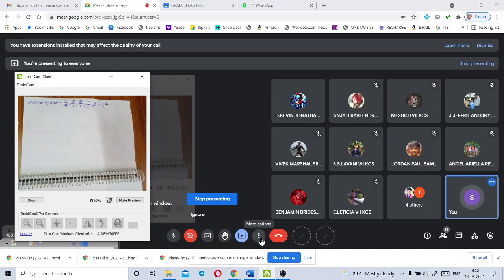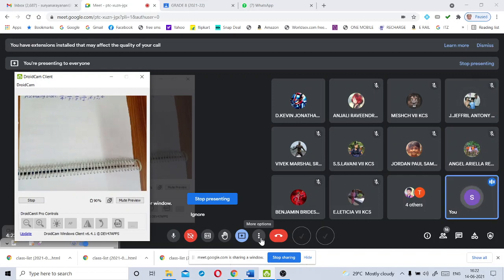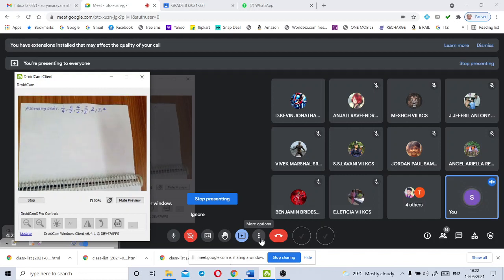Okay, my dear children? Sir, can I write the 2, 3, and 4 as 2 by 1, 3 by 1, 4 by 1? Yes, we can write it. But what are the given actual numbers? 2, 3, 4 only. Yes or no? We should write the given numbers only as it is. No need to write 2 by 1, 3 by 1, 4 by 1.